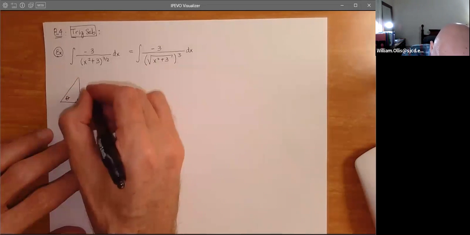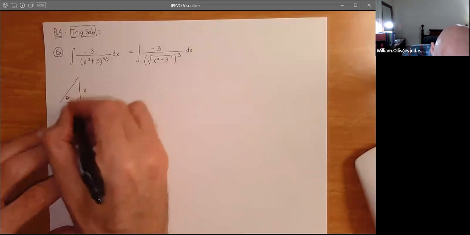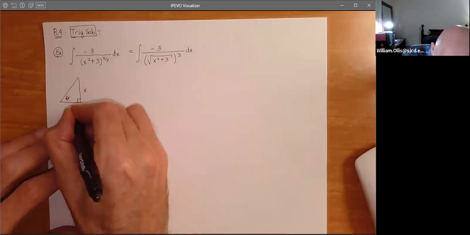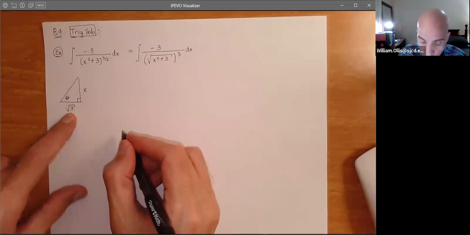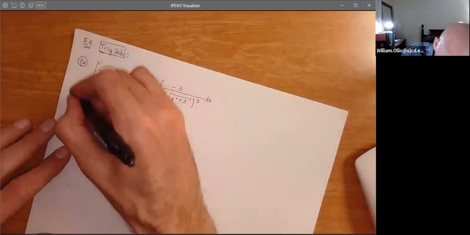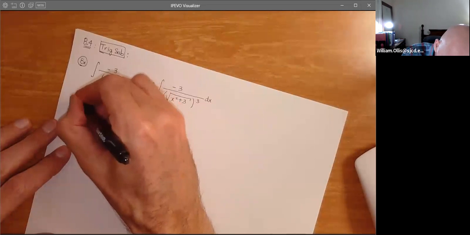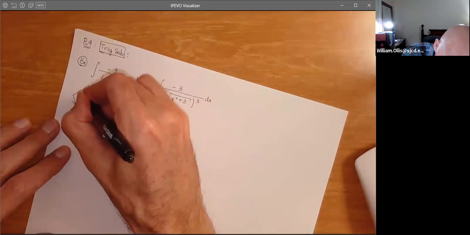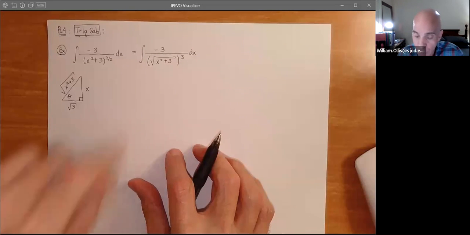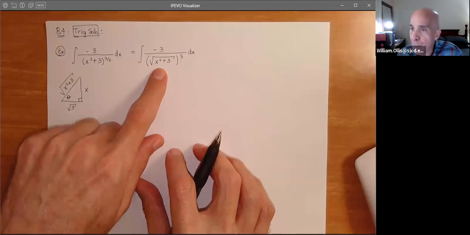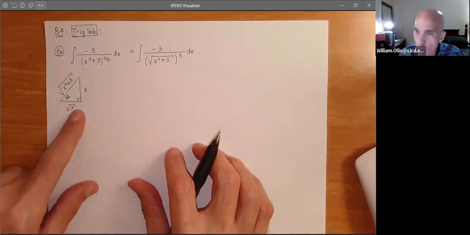So we could say x for the opposite side, and for the adjacent side, square root of 3, for theta. And then, of course, the hypotenuse is the square root of x squared plus 3. This is just working backwards from the radical. The Pythagorean radicals correspond to a right triangle.